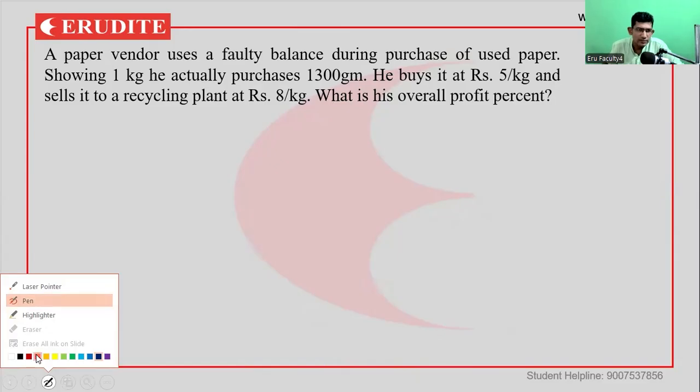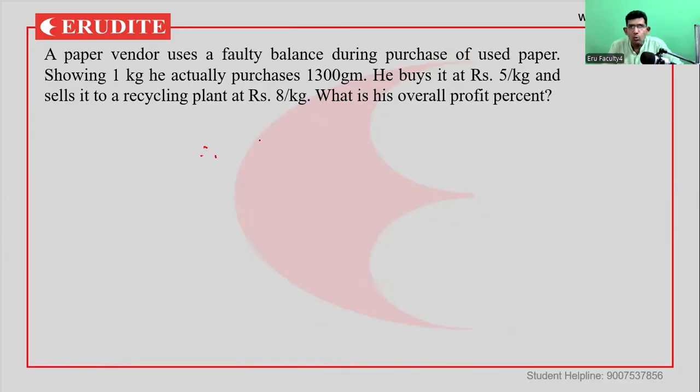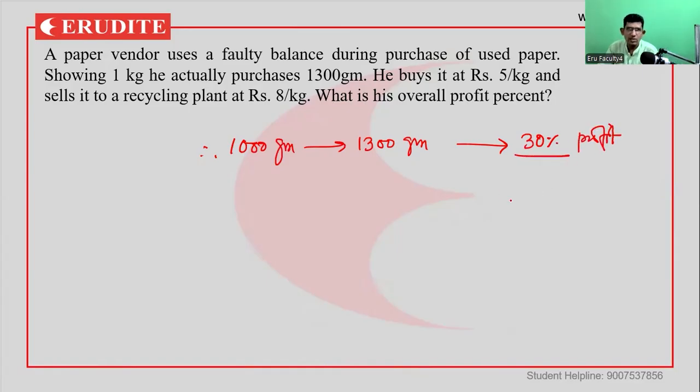So first, while buying, in case of 1000 grams, he actually takes 1300 grams, which means in this case, he is making 30% profit from the dealership.